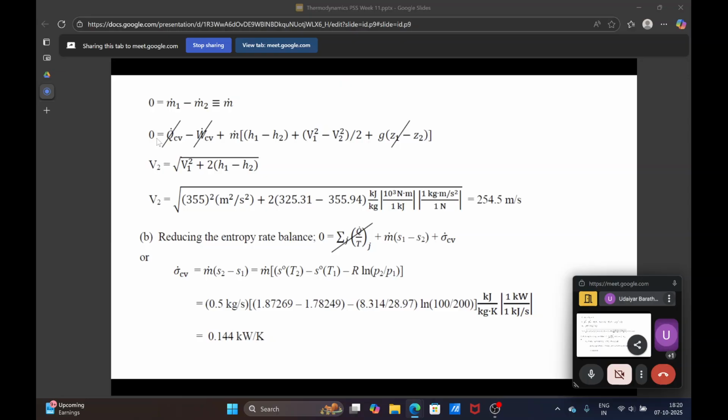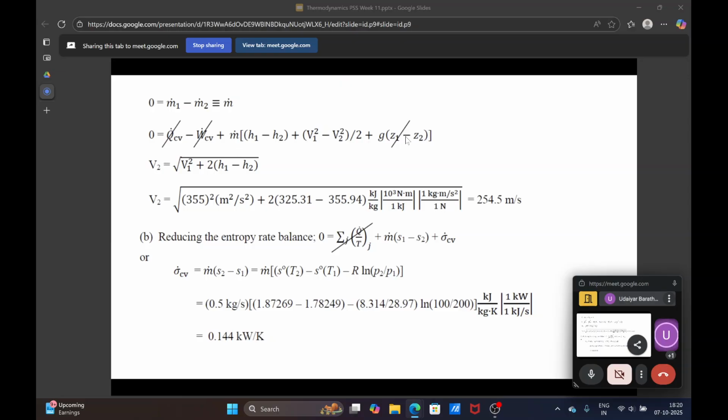Then the energy balance. Applying the steady flow energy equation, you get dE/dt, which is 0, equals Q minus W plus the energy of the stream coming in minus the energy of the stream going out. Since it's insulated, there is no heat transfer and no work transfer, so Q and W are both 0.